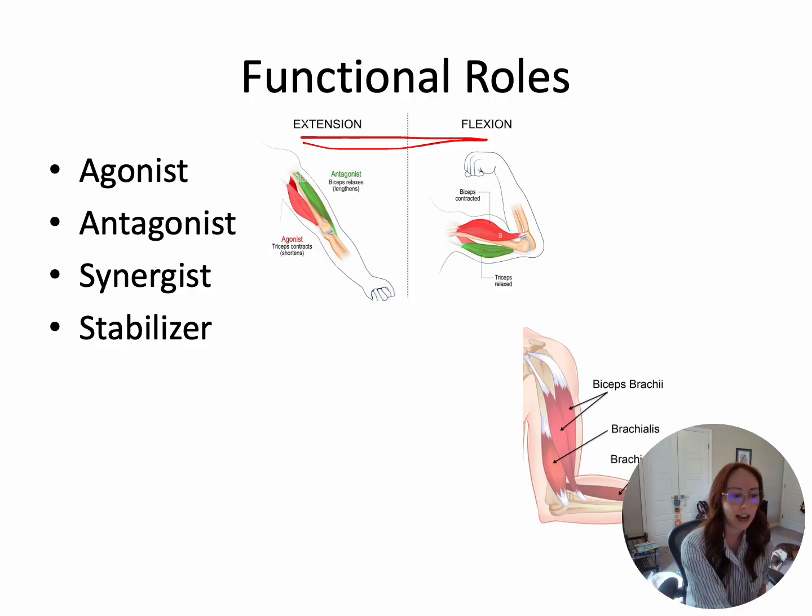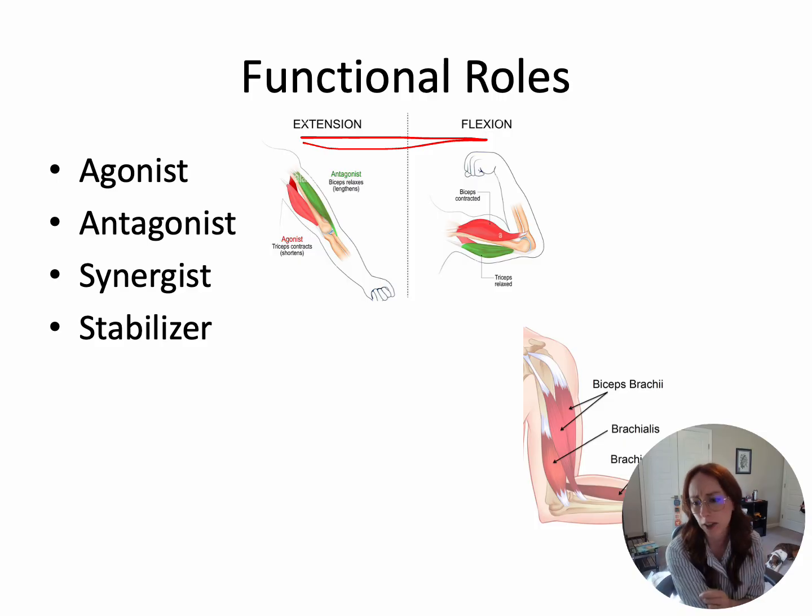And then we have our synergists and our stabilizers. So our synergists are known as guiding muscles, so they assist the action of the agonists, but are not the primary movers. They are for refined movements and preventing undesirable movements or actions. So for this example, again, of flexing the elbow, the bicep curl, the biceps brachii is your agonist.